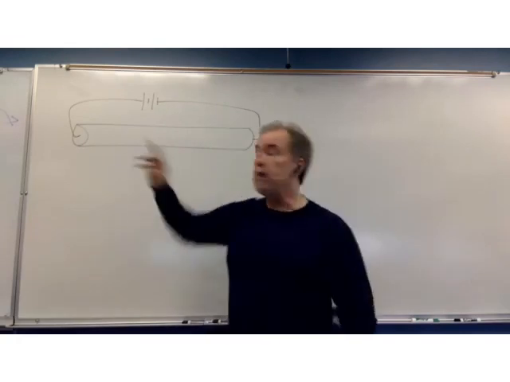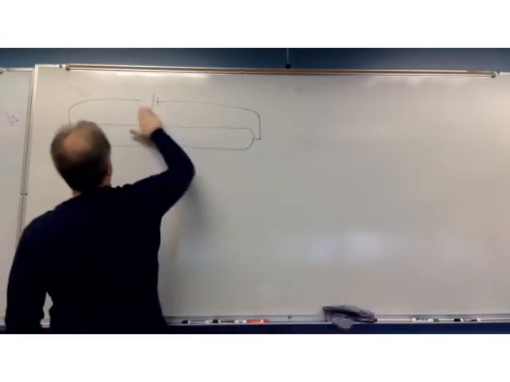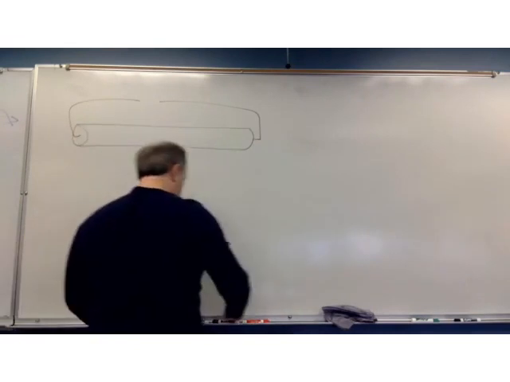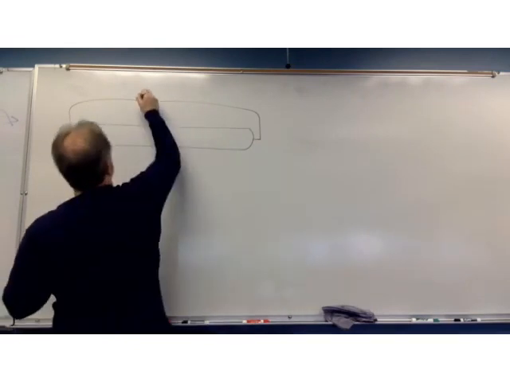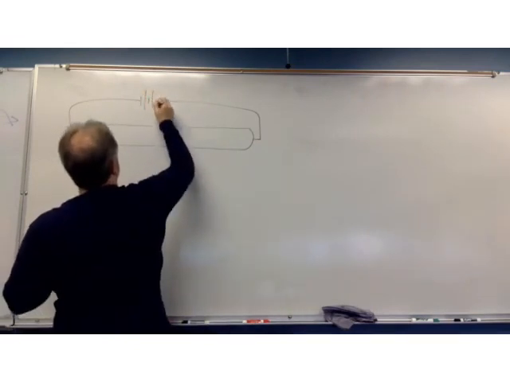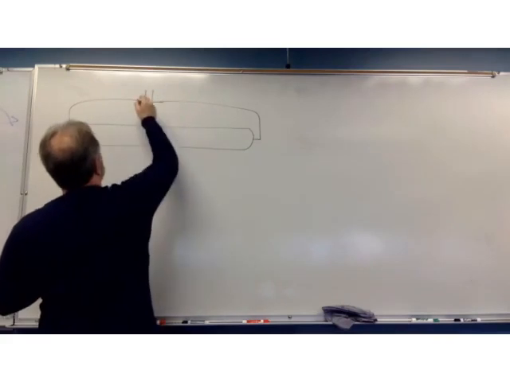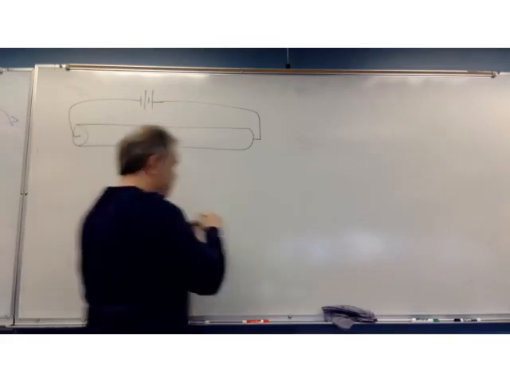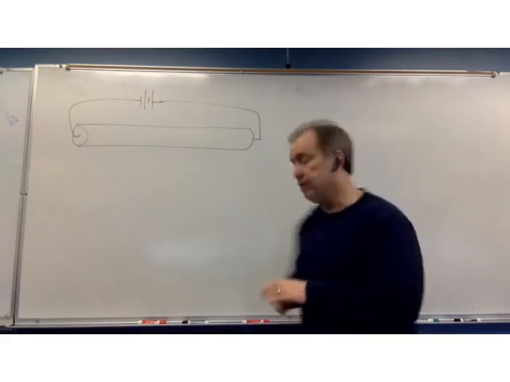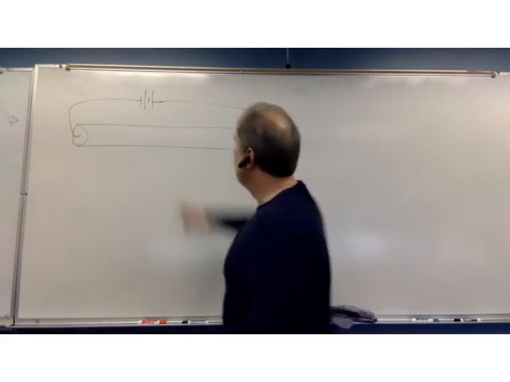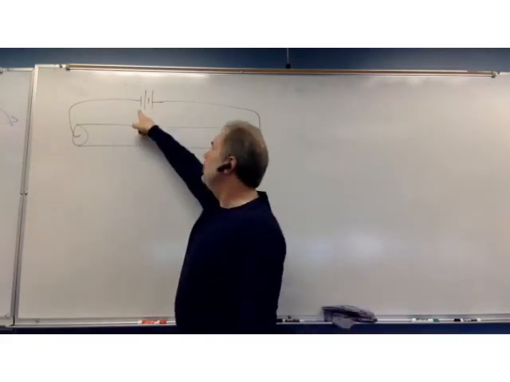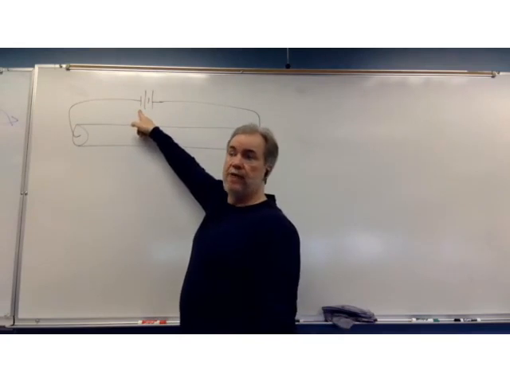Actually, I'm sorry. I want to reverse the direction of the battery for reasons that I'll explain in a moment. Okay. So start that over. It's high potential over here, low potential over here.